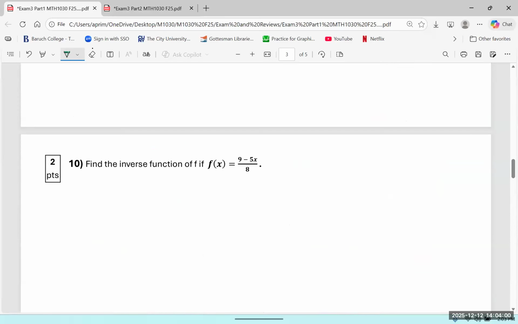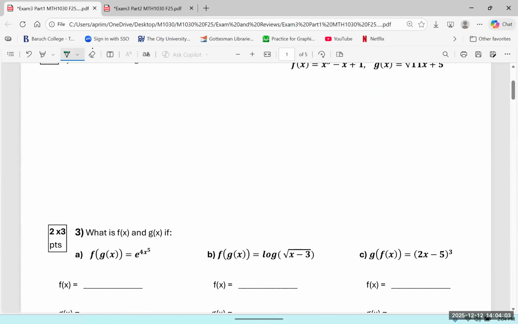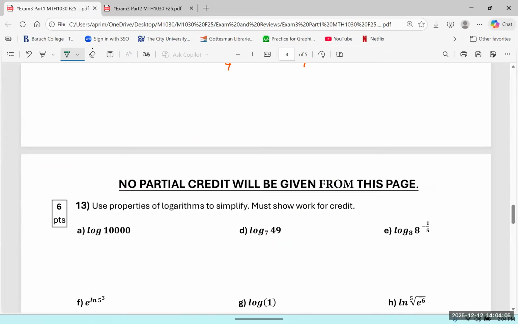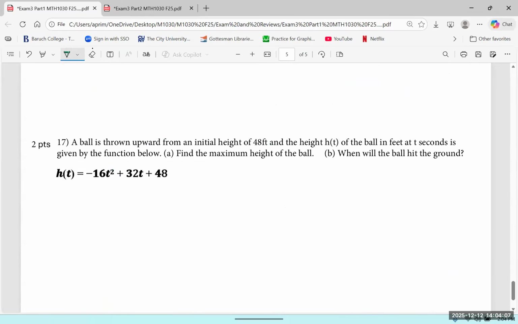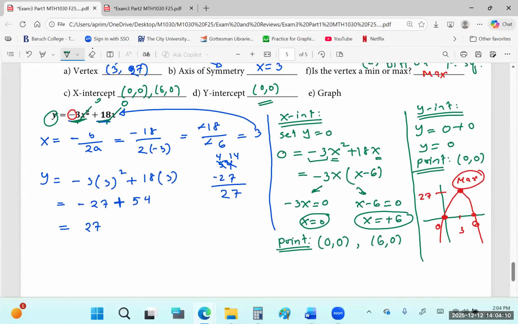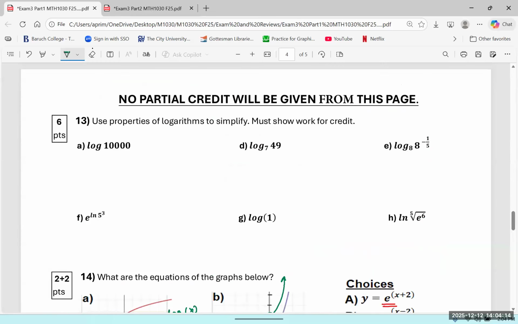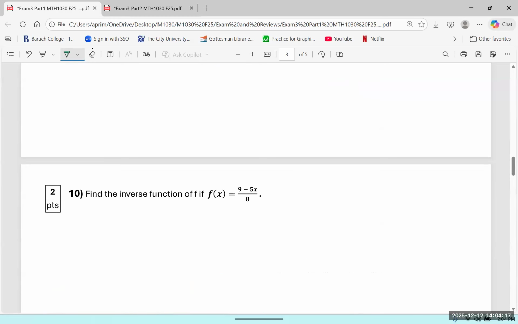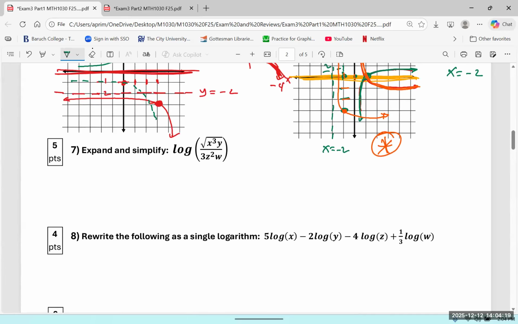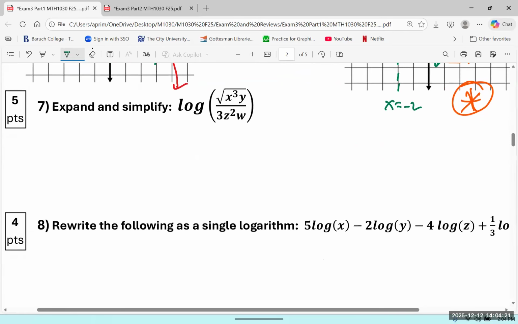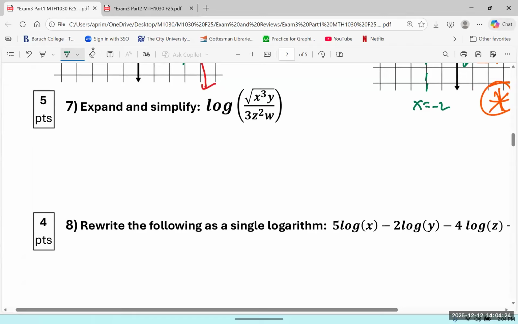Expanding. Oh, this is part 2. No, this is part 1. Oh, here, this one. So step 1, rewrite your inside with powers. So if you observe, we have 2 things under the radical.